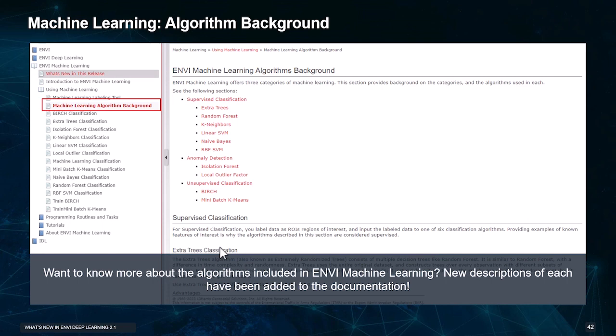I called it a Jacqueline star rating, my little joke, like Michelin star for restaurants, for which algorithms I recommend, based on performance and how easy they are to use. That's in our What's New or Introducing Machine Learning in ENVI webinar that we had last fall.